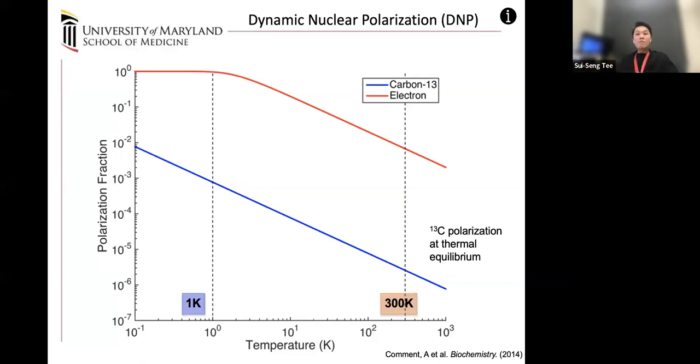So, these are big words, but all you need to know is number one, it is a very cold process, right? So there needs to be cooling, usually with liquid helium. And there is also an electron transfer process, right? Where the polarization electrons are transferred to the carbon-13. So carbon-13 is NMR visible, right? And when it's very cold and there is electron transfer, we are now able to artificially push the spin states to a hyperpolarized state, right?